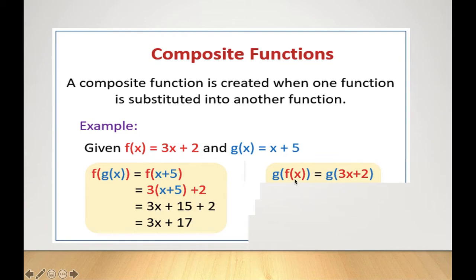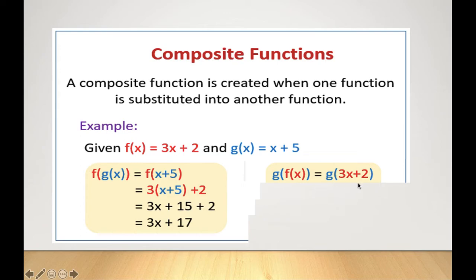So g of f of x is equal to... what is f of x? 3x plus 2. And our g of x is x plus 5. So you are going to substitute this x by our f of x. In place of this x, you are going to substitute 3x plus 2. So g of 3x plus 2, because f of x is 3x plus 2.